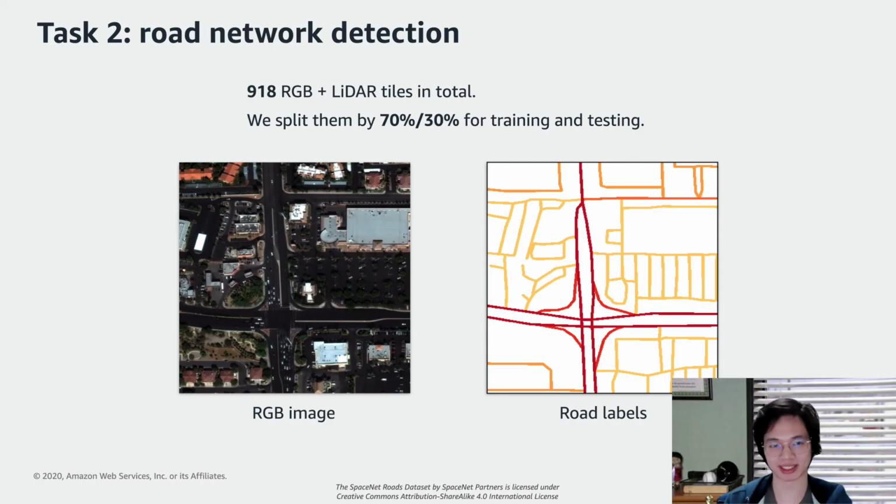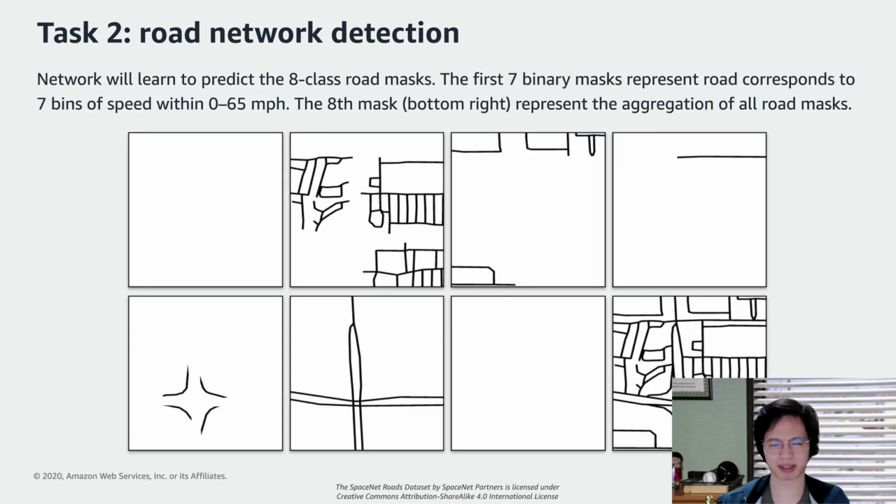A quick summary for the second session, road network detection. We have 918 merged tiles in total, and again, we split them by 70% and 30%. So the network will learn to predict the 8-class road masks. The first 7 binary masks shown here represent roads corresponding to 7 bins of speed within 0 to 65 miles per hour.